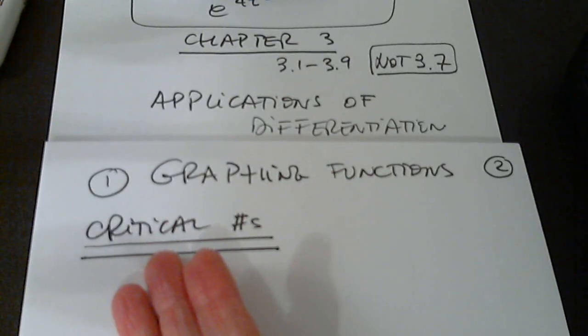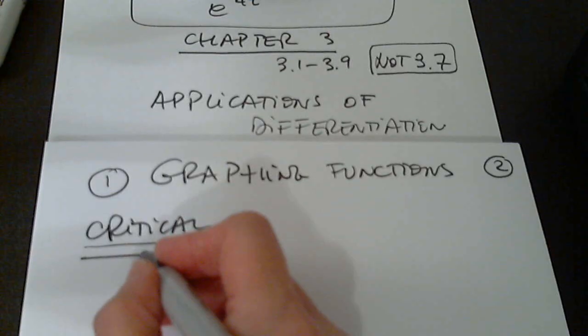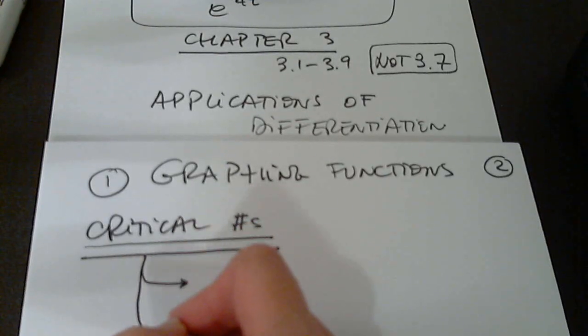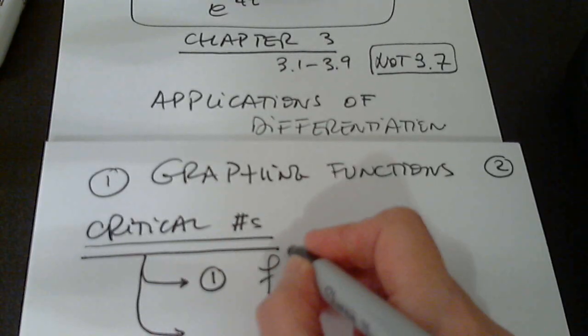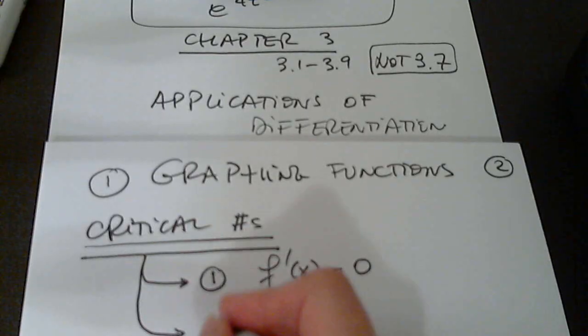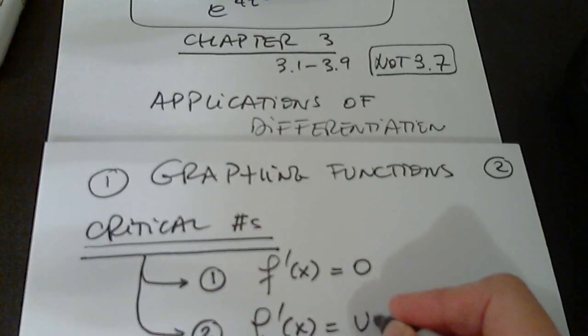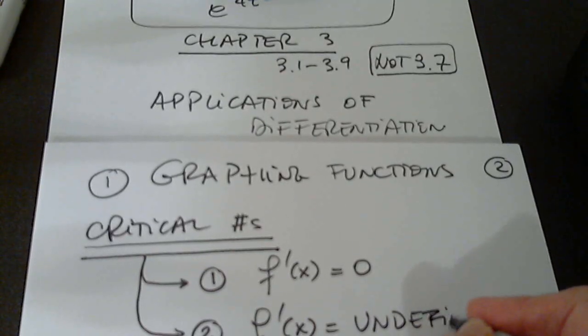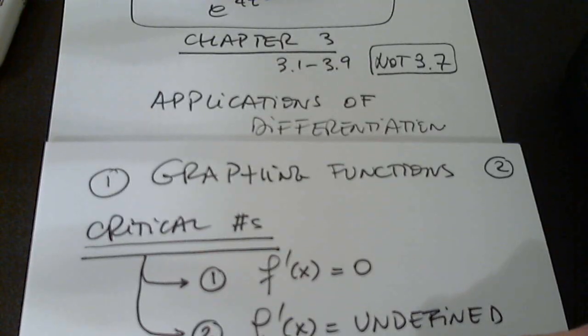So a critical number is a number of a function that potentially comes from two sources. Source number one, when f prime of x is 0. And source number two, when f prime of x is undefined at the value where f of x exists, is defined.